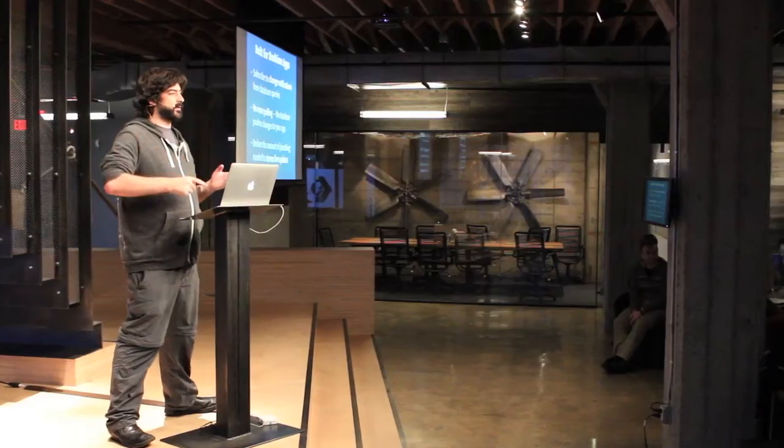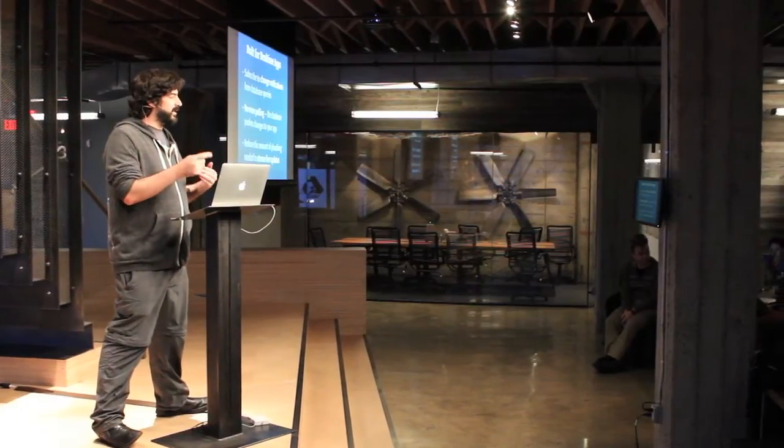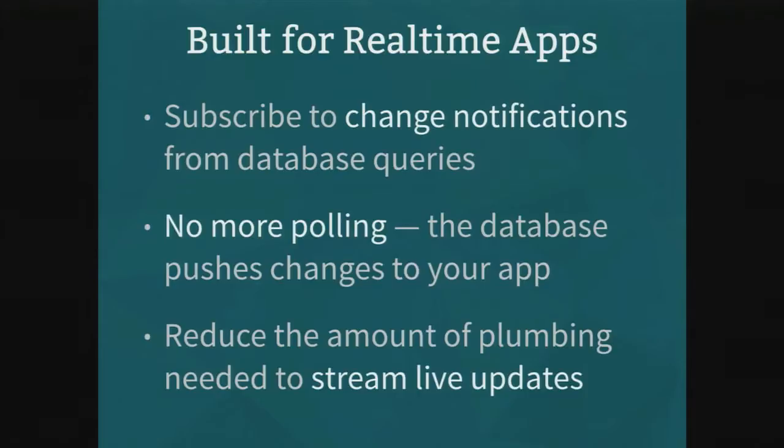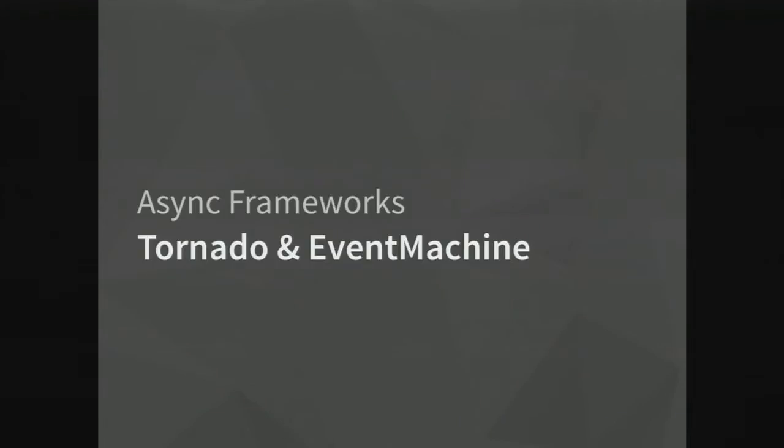You don't have to do queries over and over again on an interval in order to find out what's changed. So this reduces the amount of plumbing that you need in order to stream live updates to your front end. Tonight I'm going to show you how to do that with some asynchronous frameworks.